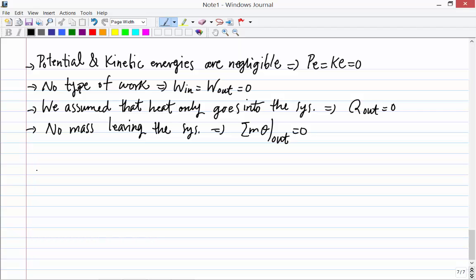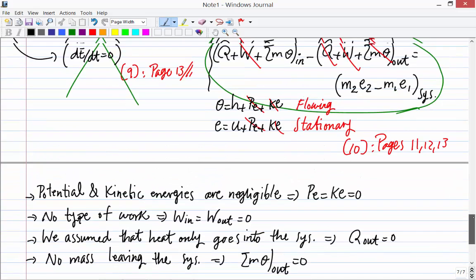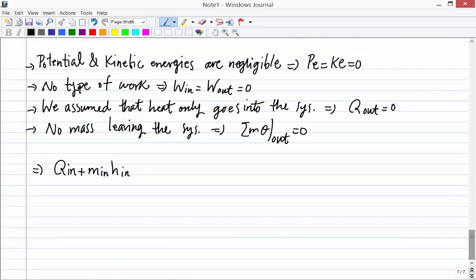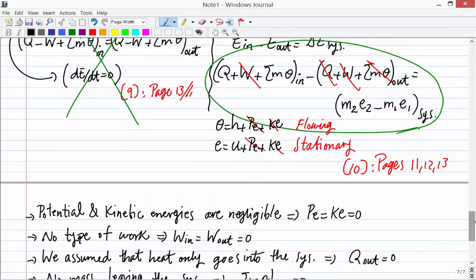Therefore, I'll end up with Q in plus m in h in, because theta equals h plus PE plus KE, and these two are zero, so theta equals h. Everything else is zero on the left side.